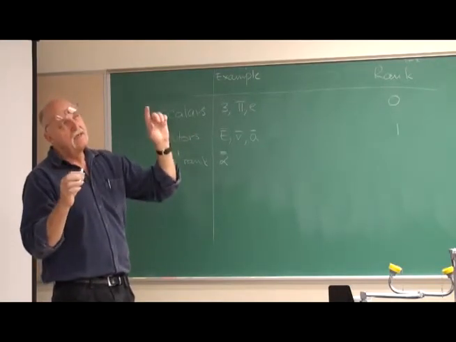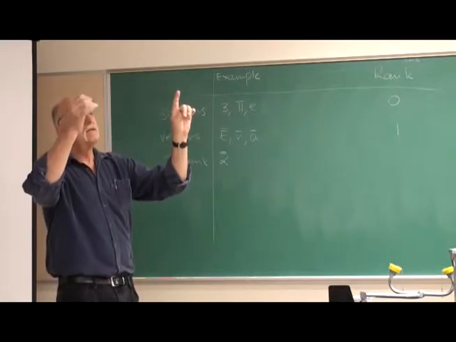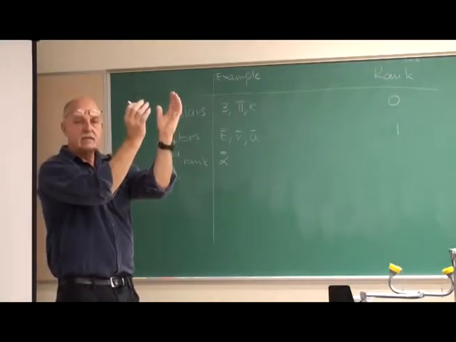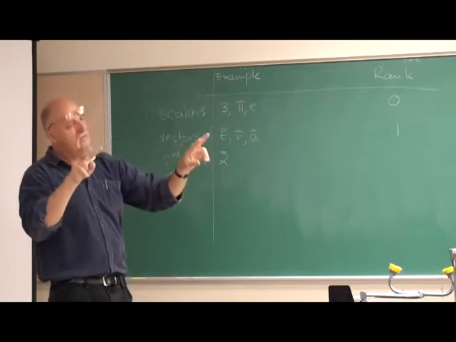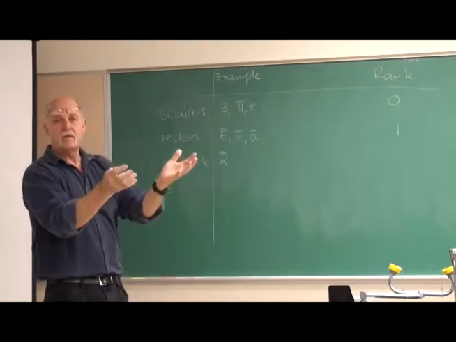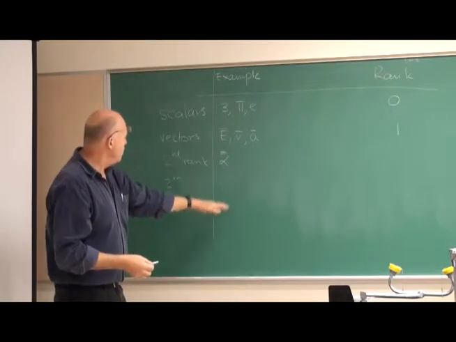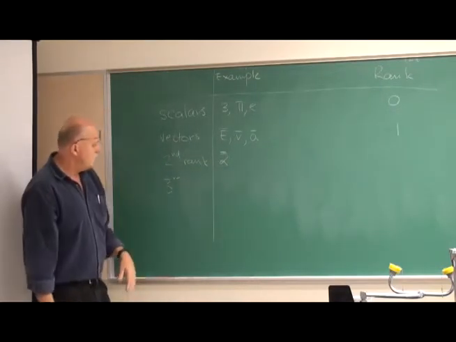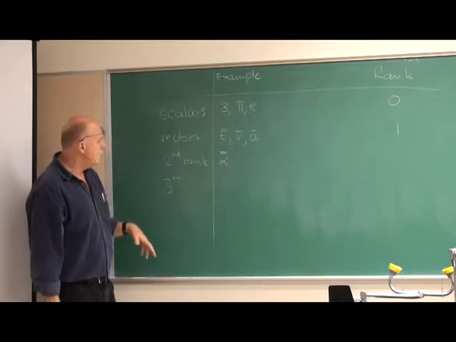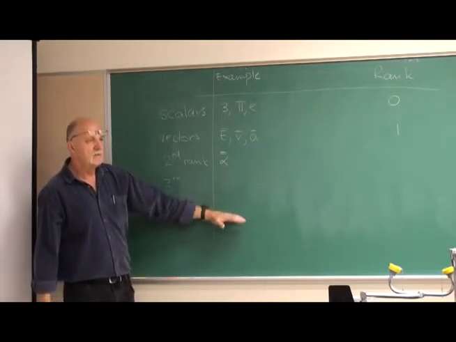Just like if you have a relation between 2 vectors, you need a 2nd rank tensor. When you have 2 second rank tensors, you need a 4th rank tensor. So there's lots of other things here. People who study gravitation and other things, they like to deal with tensors.